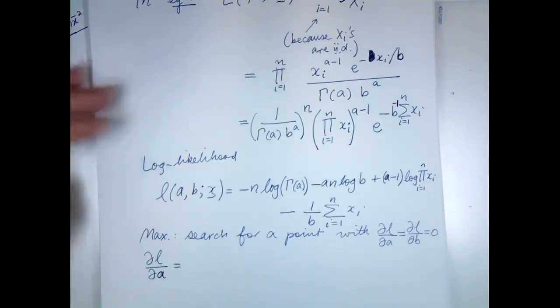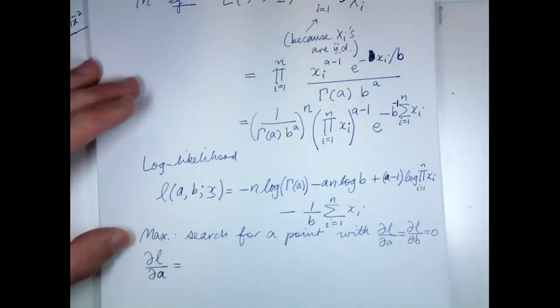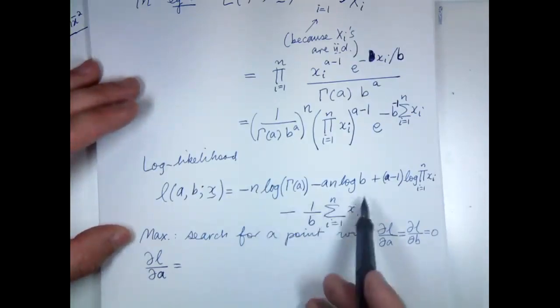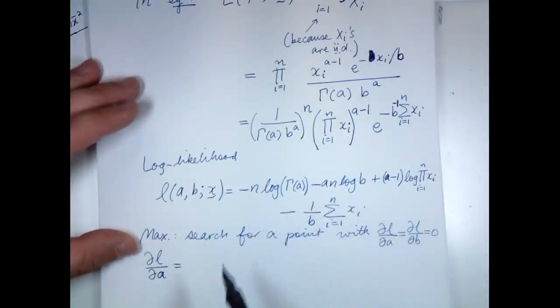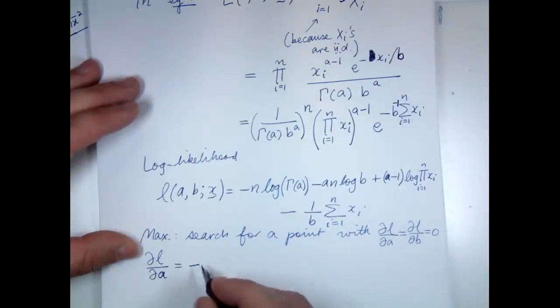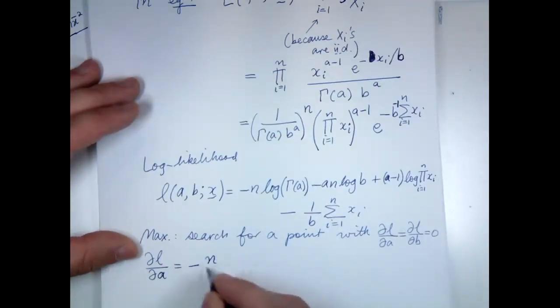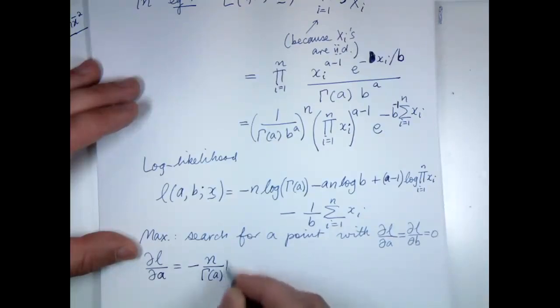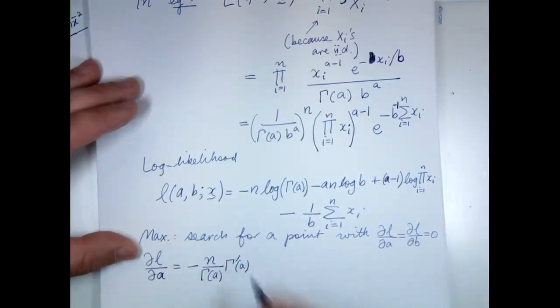well, having a gamma of A makes it a little more complicated. So minus n over gamma of A, times gamma prime of A, that's some function.